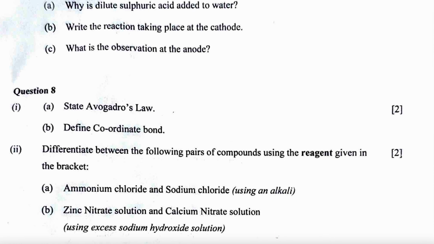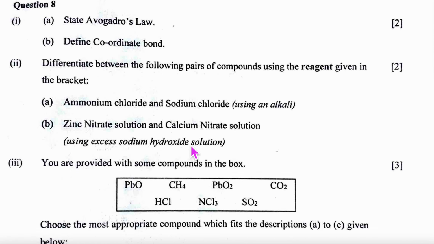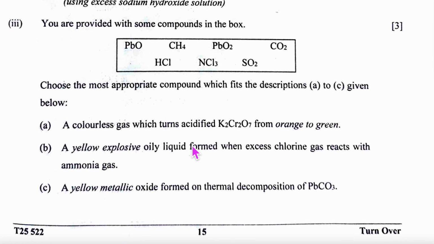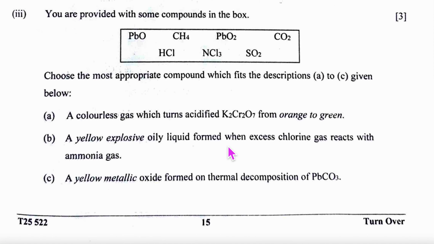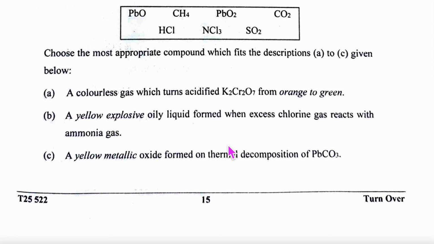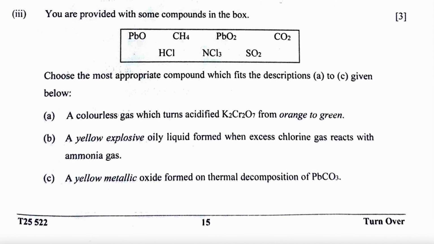Let us come to the next subpart, and that is the subpart 3. You are provided with some compounds in the box. Choose the most appropriate compound which fits the descriptions from A to C. So it's a 3-mark question, 1 mark for each.